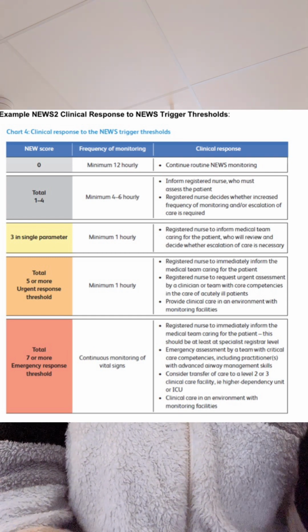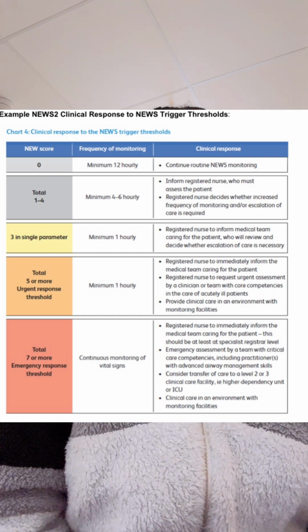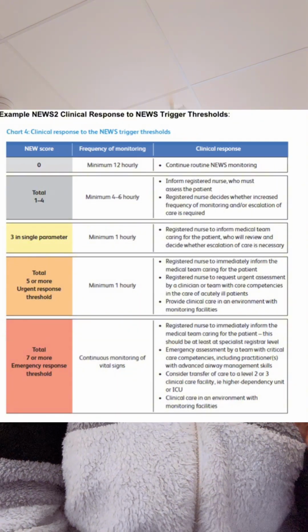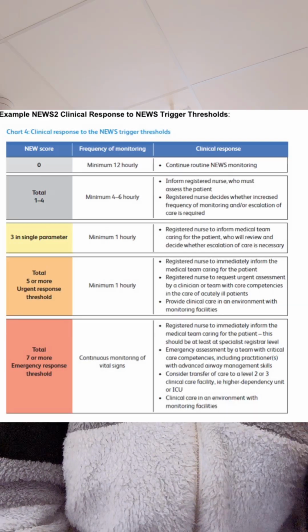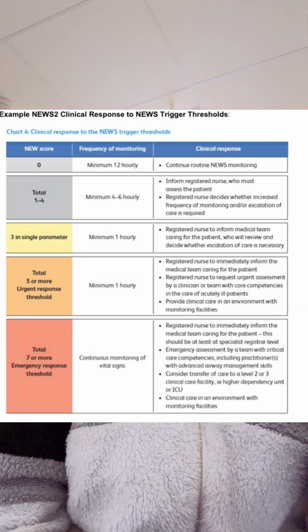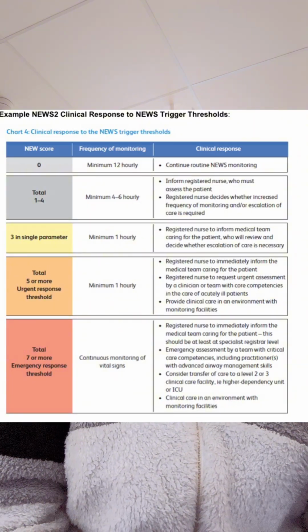If you look at what it says, the response for a first or new trigger with elevated NEWS should not replace clinical judgment in a deteriorating patient. If the patient is deemed to be unwell without a raised NEWS, then escalate accordingly, like cold, clammy, reduced urine output.